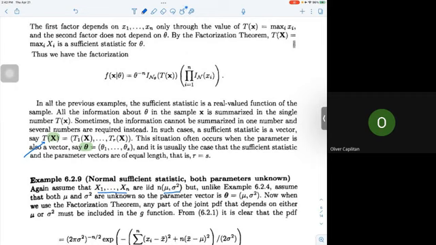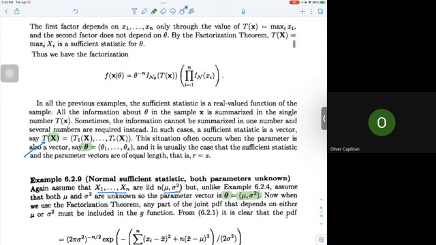So the vector, bold vector theta, our parameter theta, is equal to the vector of unknown parameters, mu and sigma square.